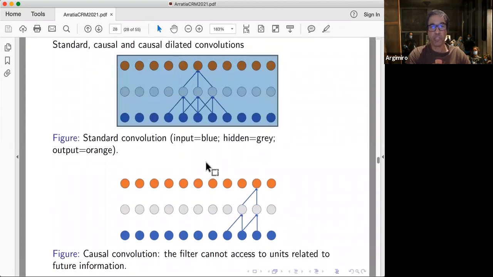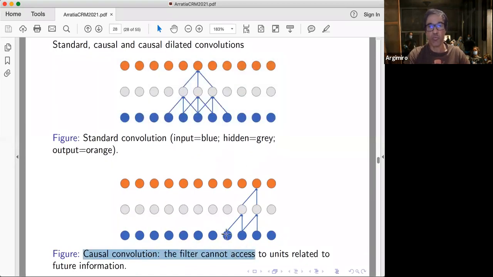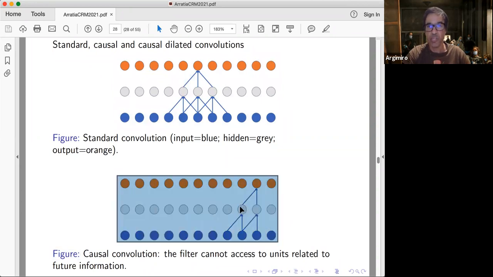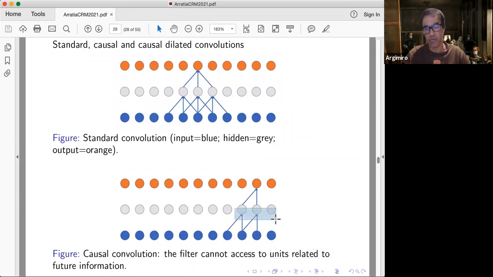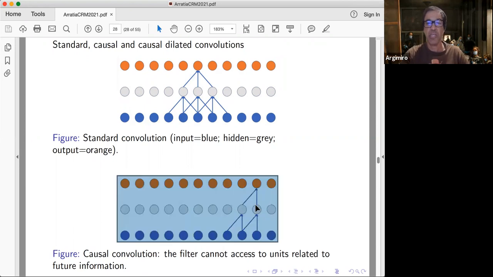And by doing the padding, when you do the convolution, you get the causal convolution, where you see that no future values can be used in order to get the new values within the neural network, right?